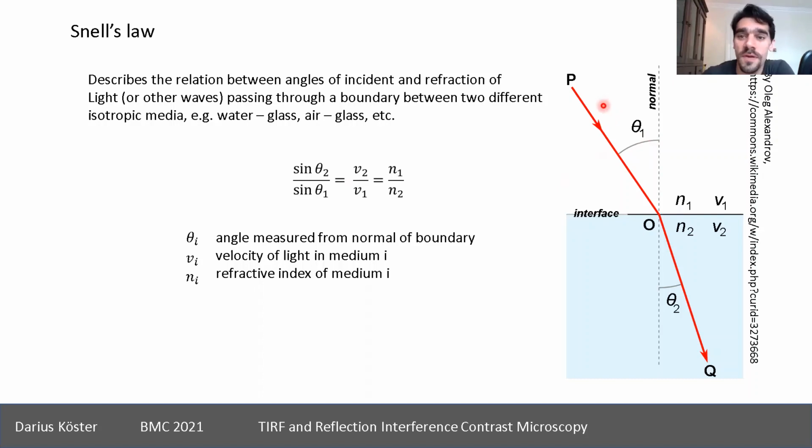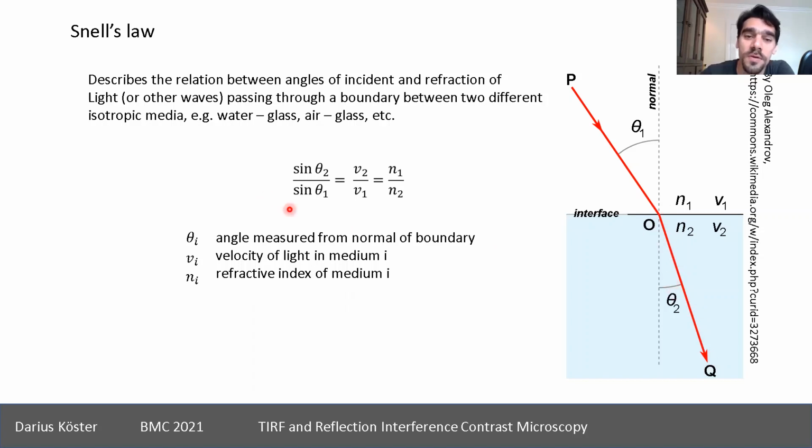So if you have this incoming light at theta 1, measured from the normal of the interface plane, then it gets refracted and goes out at theta 2.